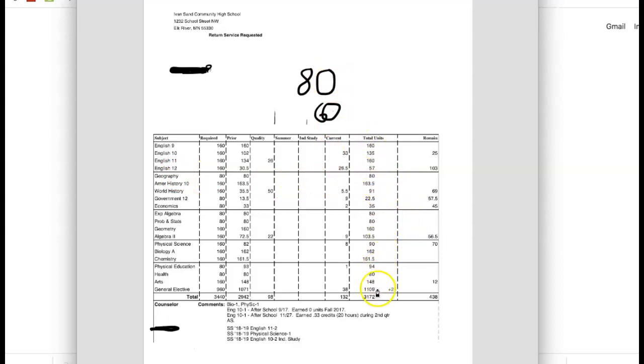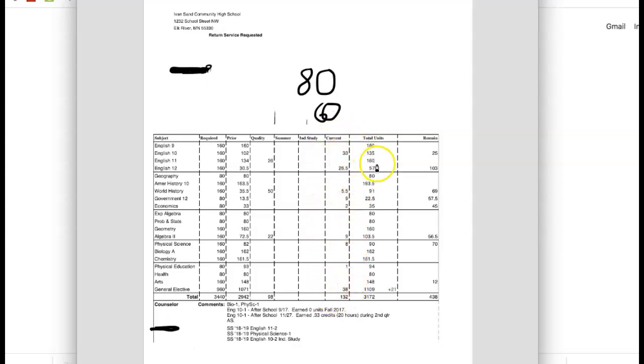This column is all the units that you have finished up until this point. And if you're a senior, it should look something like this. On the right here is how many you have left. This column here is how many you have completed this year so far.